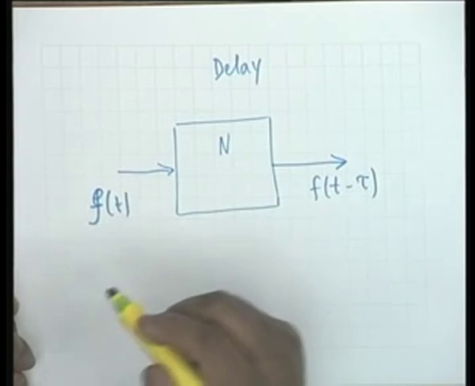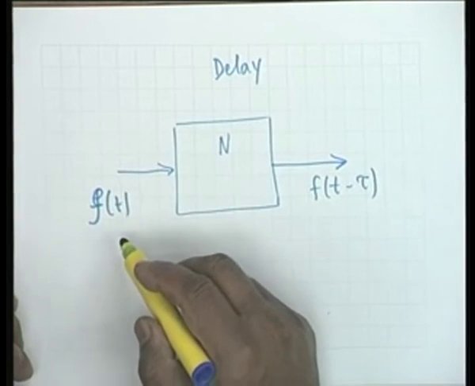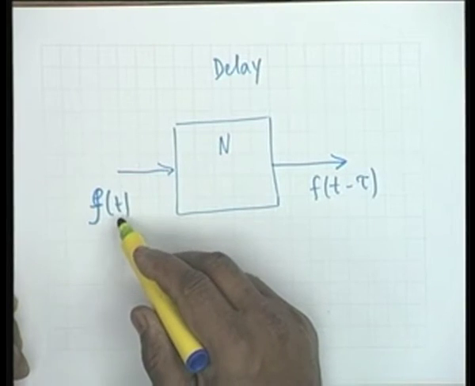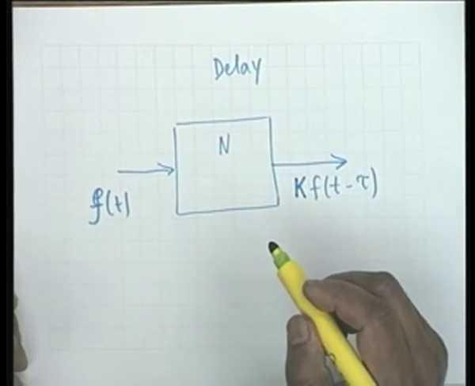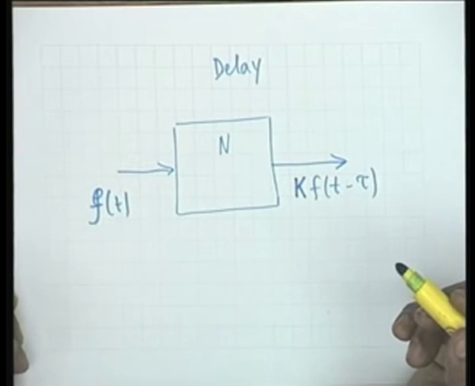Let the network N be such that the output is exactly of the same wave shape f, but it is delayed by tau. In addition, the network N may either amplify or attenuate the signal. So, we put a constant k.